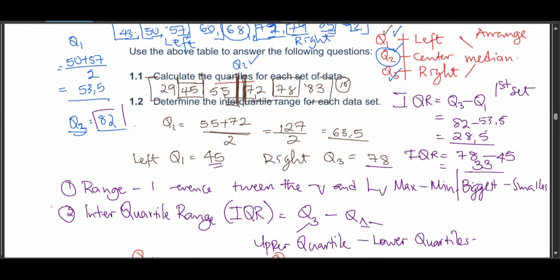Whereas 82 minus 53,5, we have the answer as 28,5. Please, this is the first set and this is the second set.